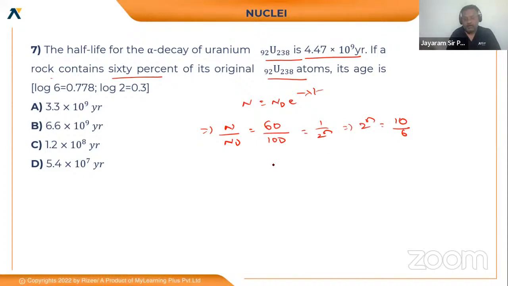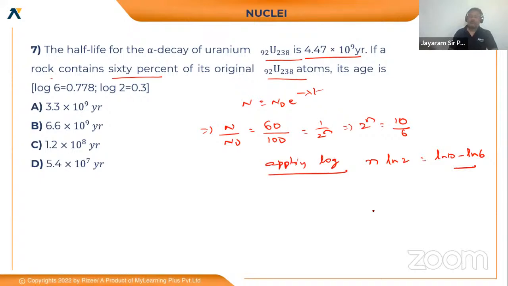Now apply the log on either side. Applying log, on solving, n into ln of 2 is equal to ln of 10 minus ln of 6. Or else you can directly multiply with 0.693, that is also possible.